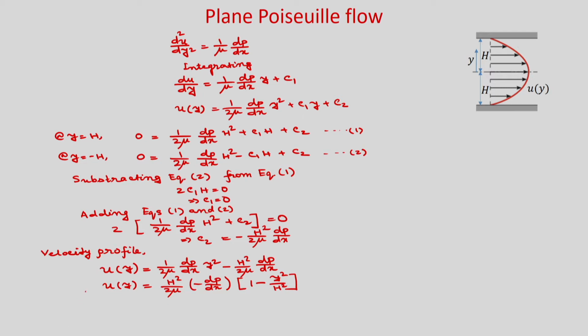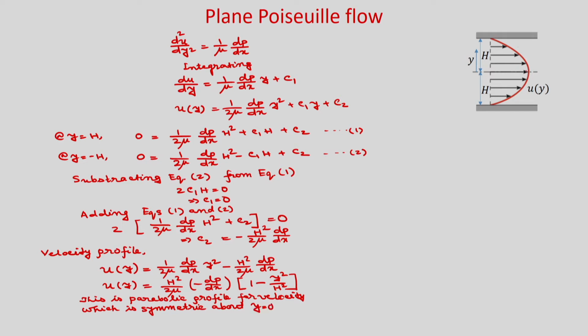So, this is a parabolic profile for velocity which is symmetric about y is equal to 0.